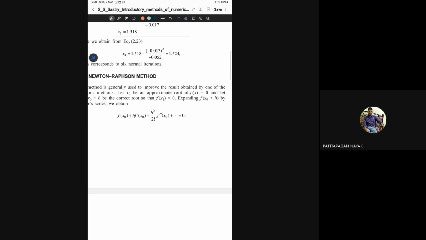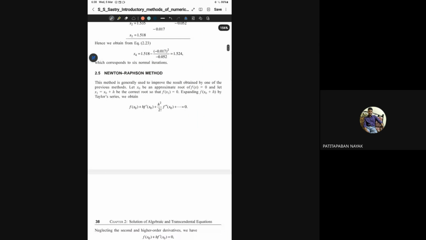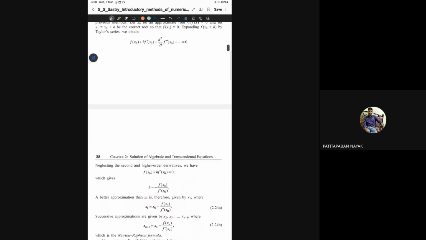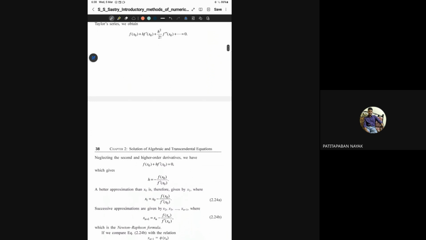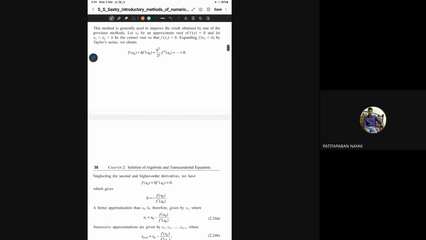If we continue with the Taylor series expansion and neglect the second and higher order derivatives, what exactly does it mean? This part we are neglecting. Why exactly are we neglecting that part? We should not have neglected that one.